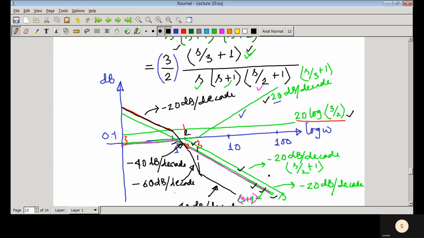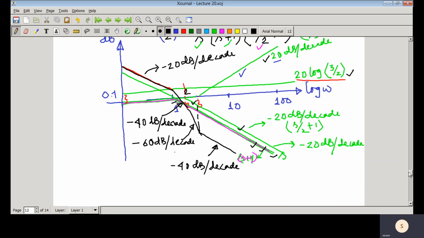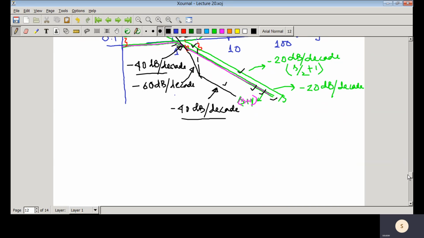And after 3 it would be again -40 dB per decade. So that slope and this slope will be the same, but in the picture they look different. That's why I have pointed out that this is -40 dB per decade and -40 dB per decade. If we can draw it perfectly, that is fine. Otherwise there is no problem if you mention that this slope is -40 dB per decade.